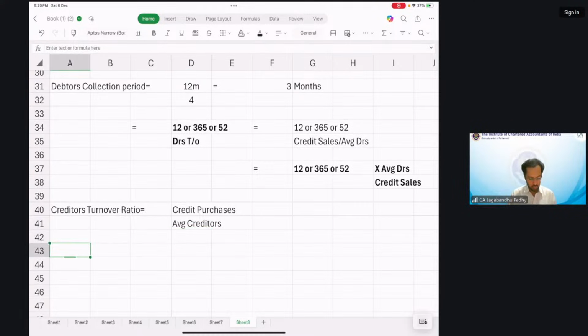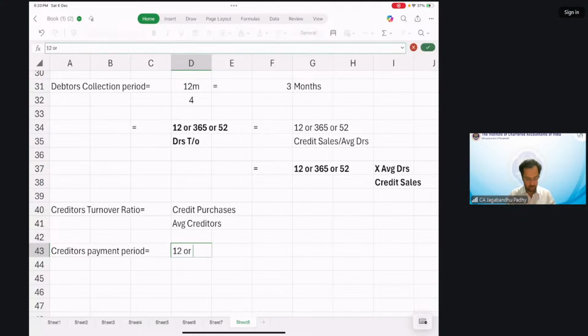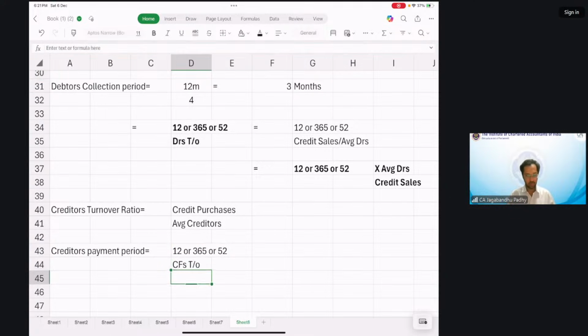Now, if I ask you what is the creditors payment period. What will be the creditor's payment period? How do we calculate the creditor's payment period, guys? Creditor's payment period will be on similar lines: 12 or 365 or 52 divided by creditor's turnover.